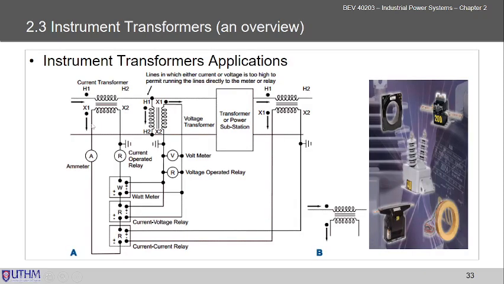If you look here, you have the current transformer and the voltage transformer, and of course the rest is just a wattmeter. You have the voltage relay and current relay. This is for the protections, and this is just to monitor.